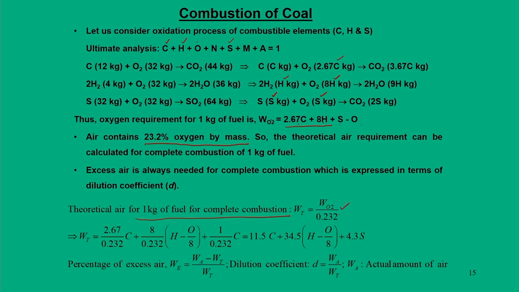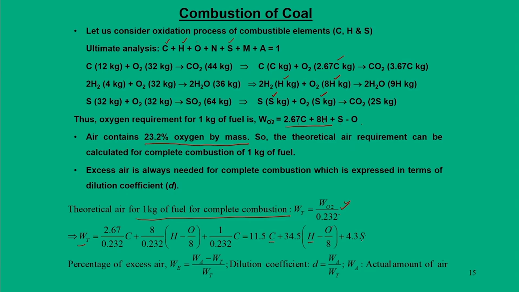This is the final expression, that is, theoretical air requirement for coal. If you know carbon, hydrogen, oxygen, sulfur constituents by mass, the total theoretical quantity of air can be calculated.